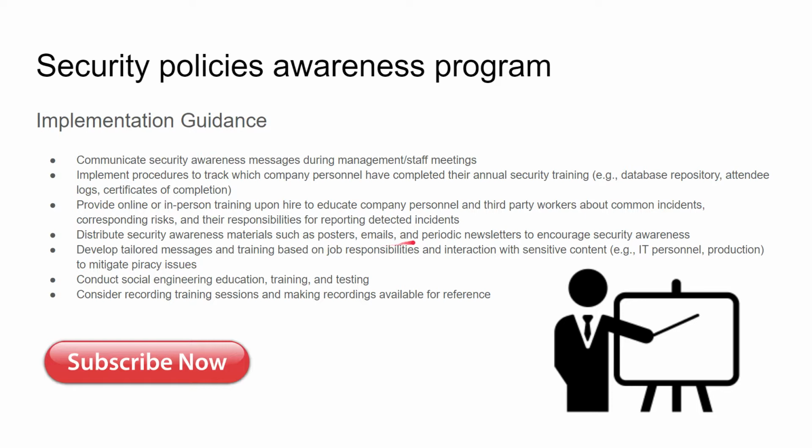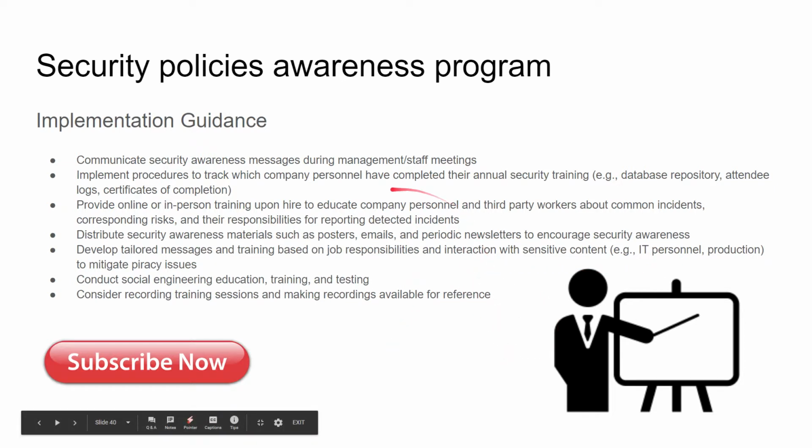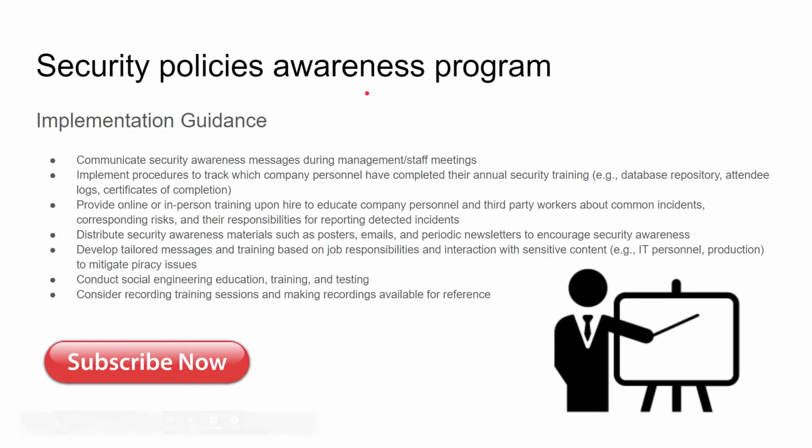So the first thing they know is that this is a high secure area and they should be more careful when they are in that area. Also you should send a regular email, a kind of newsletter, where you can mention the security awareness program and security awareness policies and procedures.